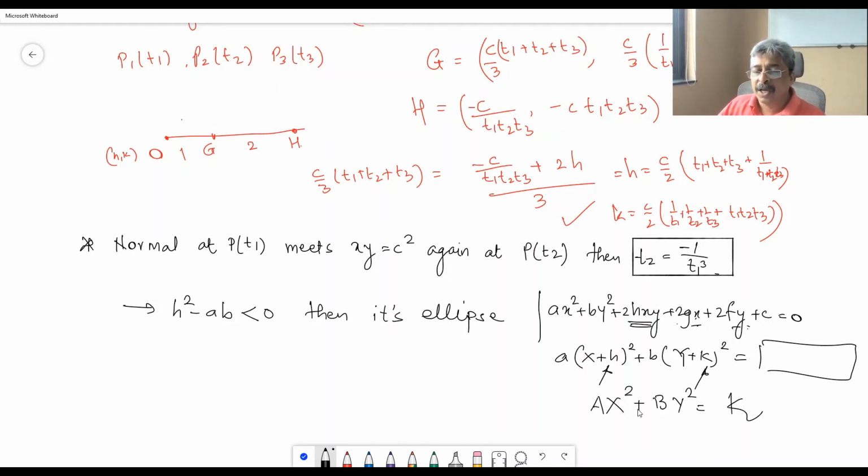Depending upon what capital A, capital B and the constant are, we will be able to deal with whether it is an ellipse, a hyperbola, etc. And in between stages we will get pair of lines, parabola, etc.